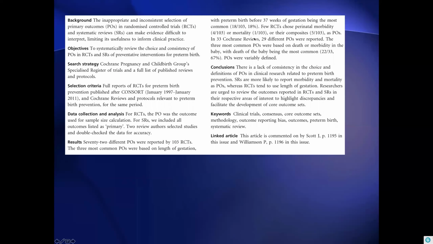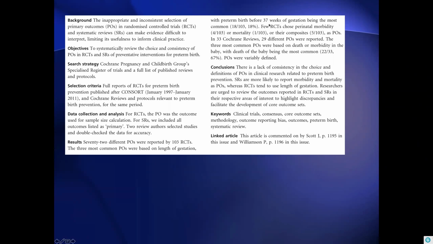Quite surprisingly, you'll see up here, they only found 18% of studies reported birth before 37 weeks of gestation as their primary outcome. And those of you who may know the field, preterm birth by definition is birth before 37 weeks.